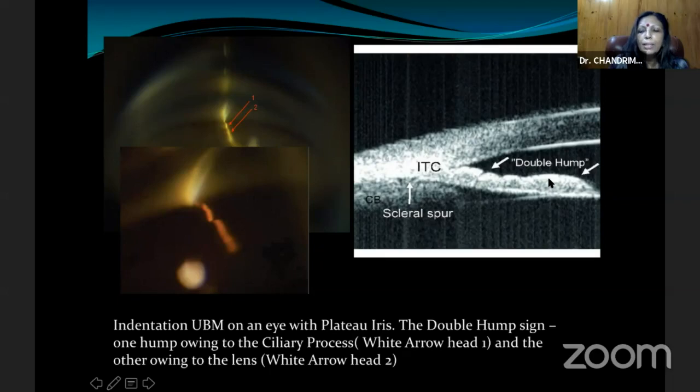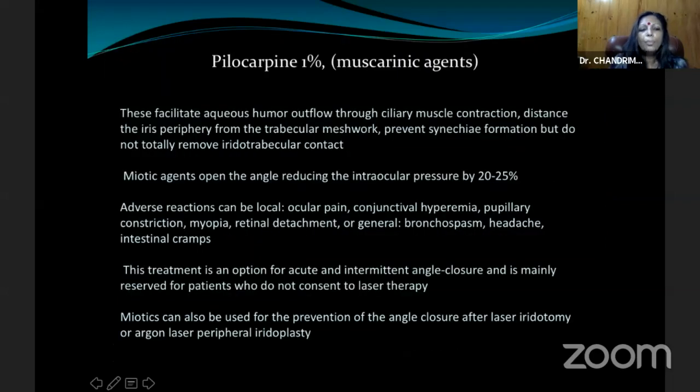So pilocarpine 1%, muscarinic agents, these facilitate aqueous humor outflow through ciliary muscle contraction, distance the iris peripherally from the trabecular meshwork and prevent synechia formation, but do not totally remove iridotrabecular contact. Miotic agents open the angle, reducing the intraocular pressure by 20 to 25%.